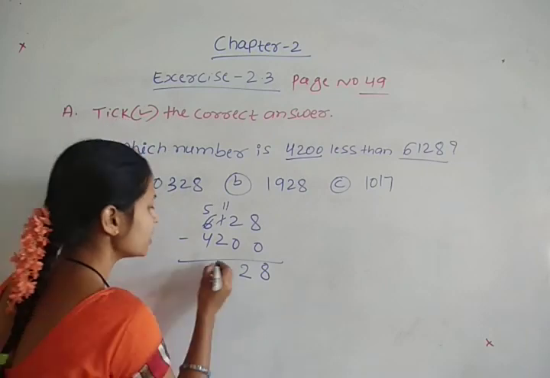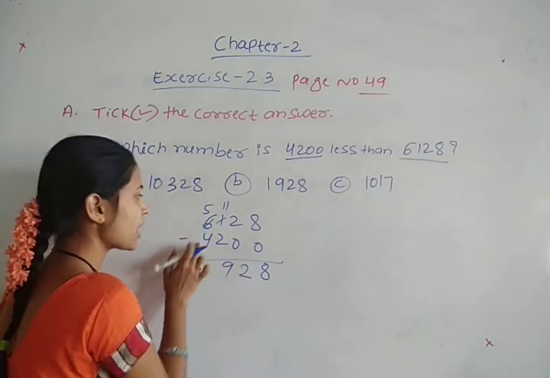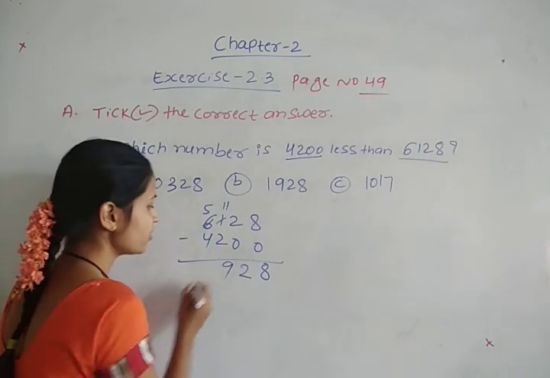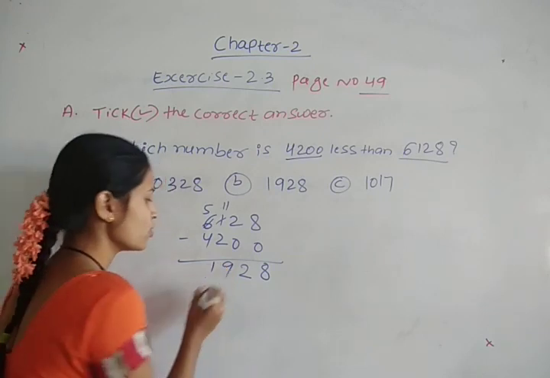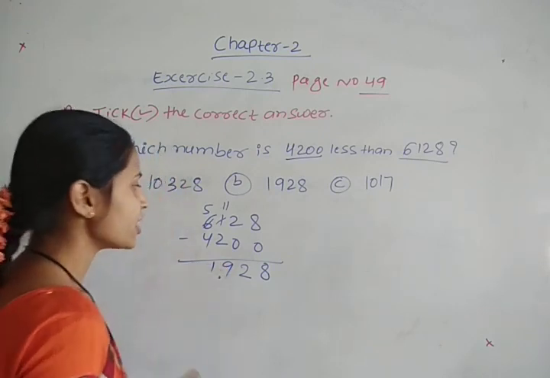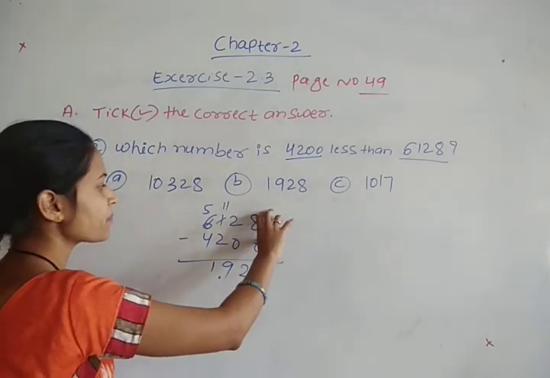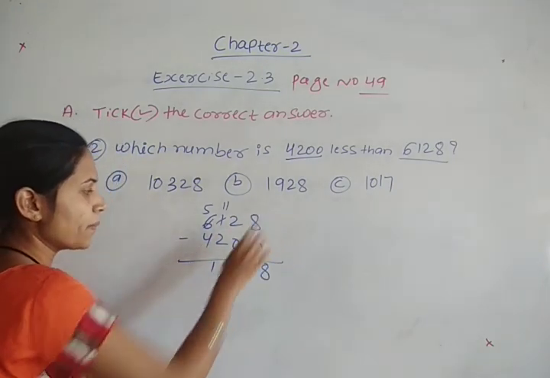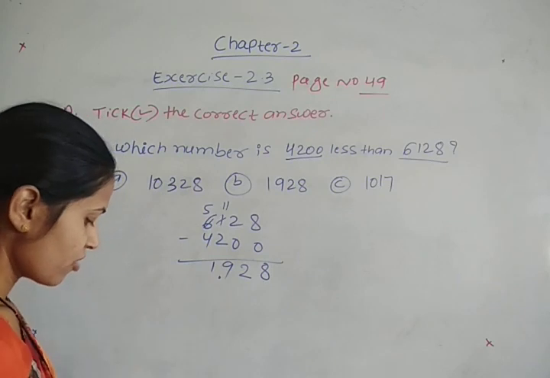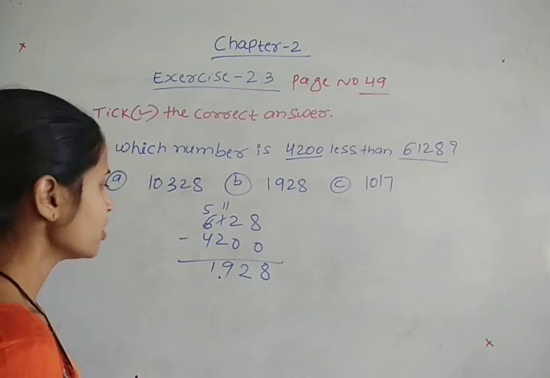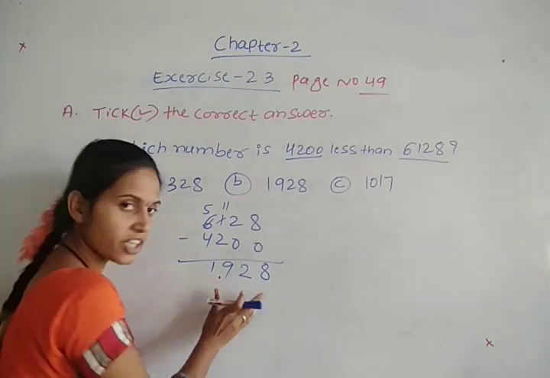We will get 9. Now subtract 4 from 5. You will get 1. So 1928 is the result, the difference we have got after subtracting these two numbers. Now check whether in the given options you have 1928 or not.